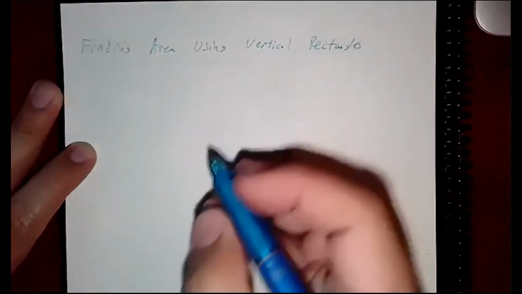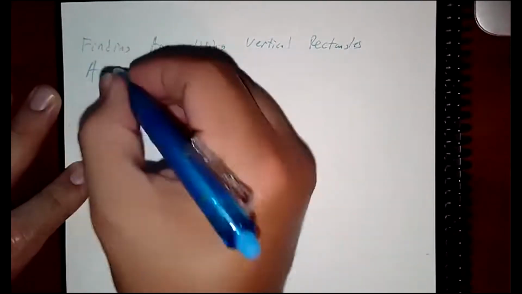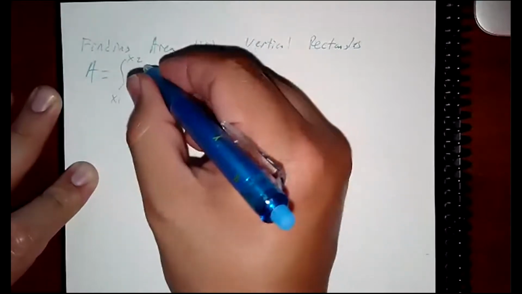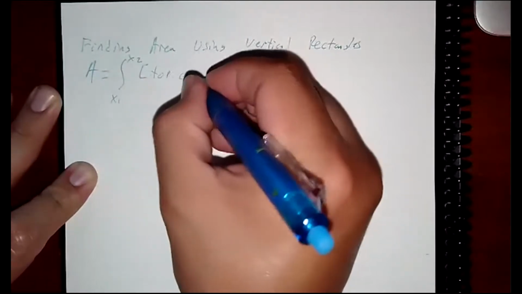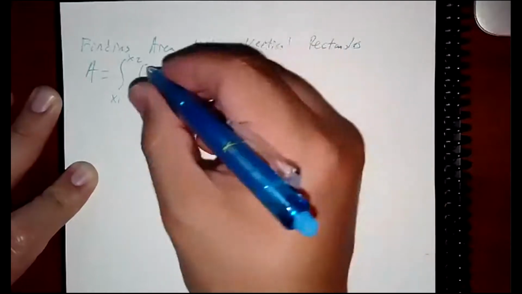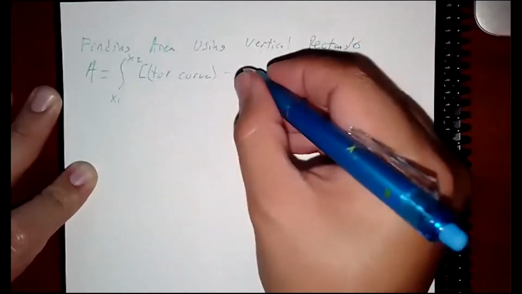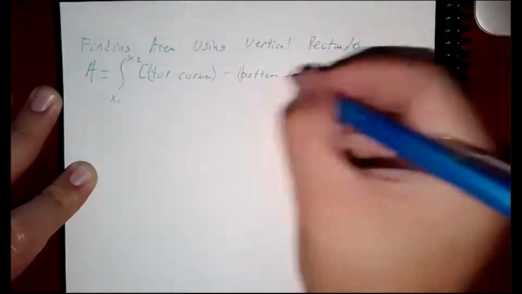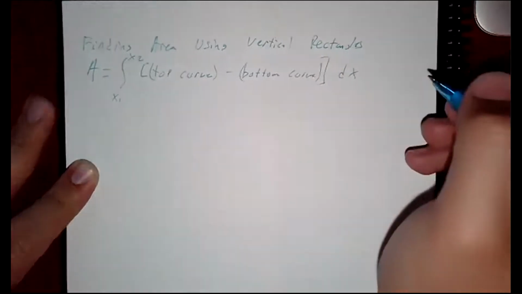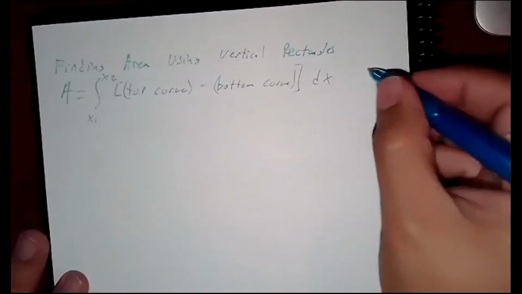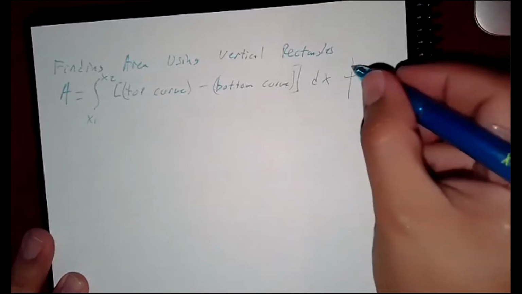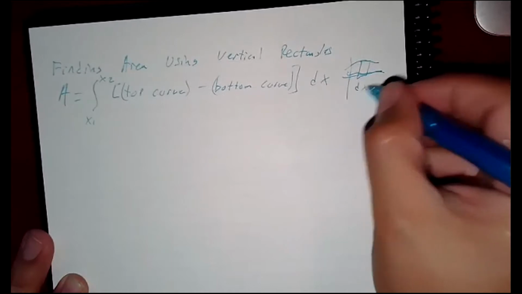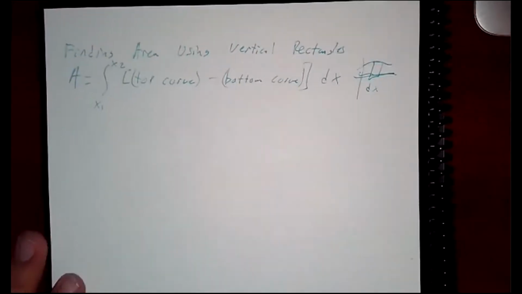So we said area will just be some x value to another x value with the top curve minus the bottom curve, right? So we kept saying. And then that would be dx because it's vertical. So if your graphs are something like this, you have a rectangle like that, that's a dx problem. Okay.